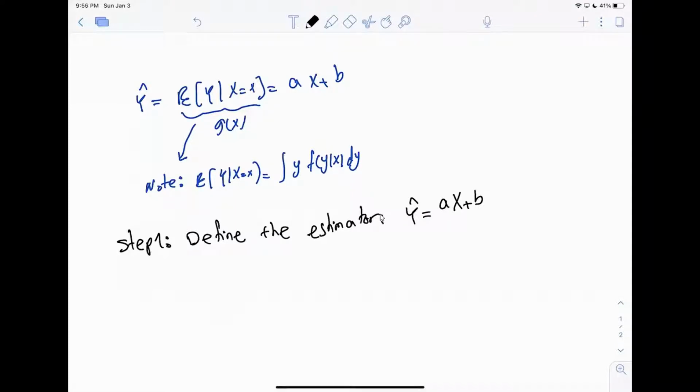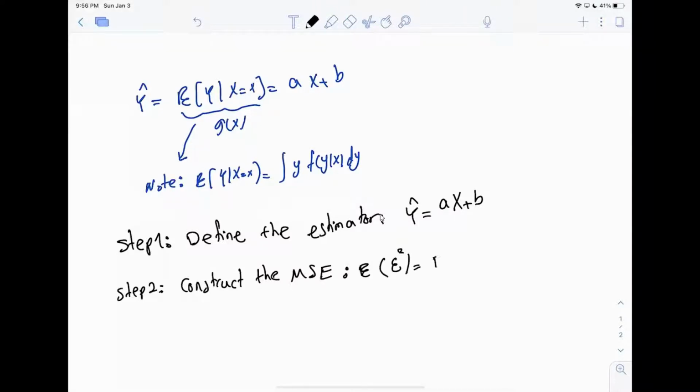Great. So we have a form of estimator. You need to make sure that this step is defined correctly. Good. Step 2: construct the MSE, the mean square error, which is defined as the expected value of the residual squared, which is the expected value of y minus y hat squared.